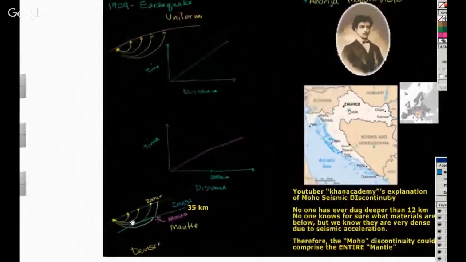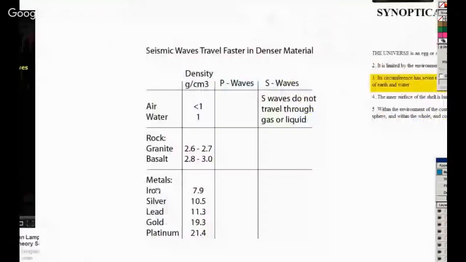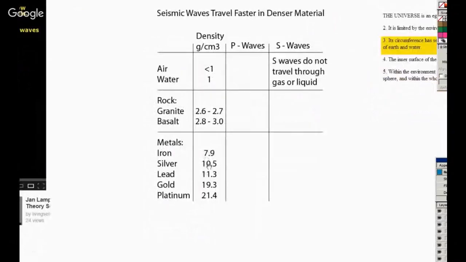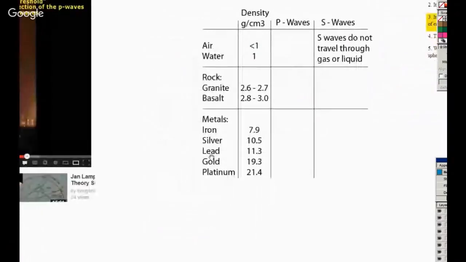So he concluded that the material has to be denser than basalt or granite rock, which have densities of 2.6 to 3.0. Metals have a higher density, so seismic waves can travel faster through metals, obviously fastest through platinum or gold.